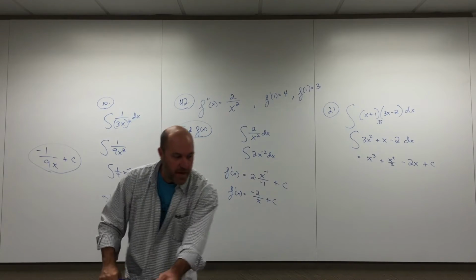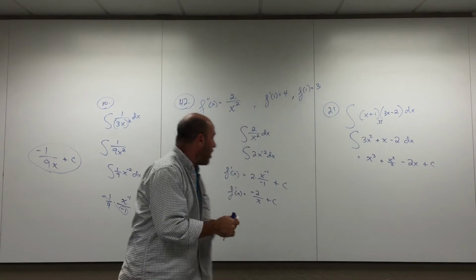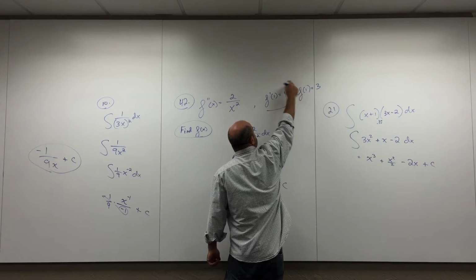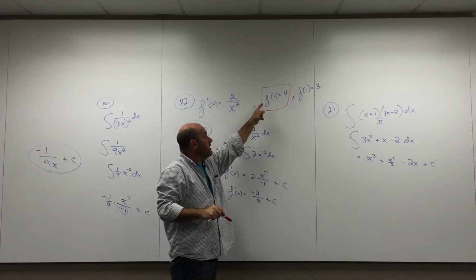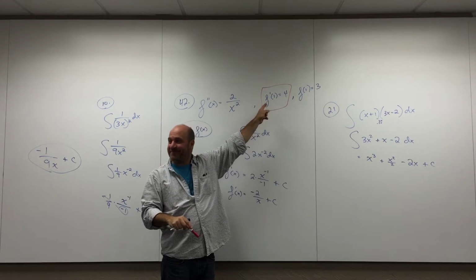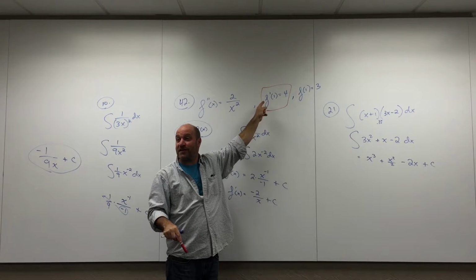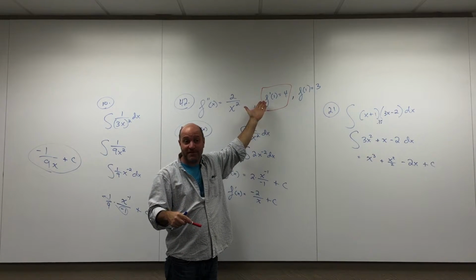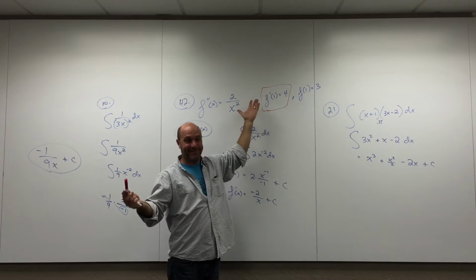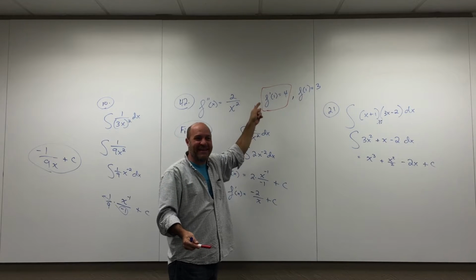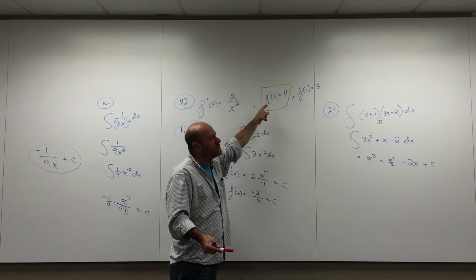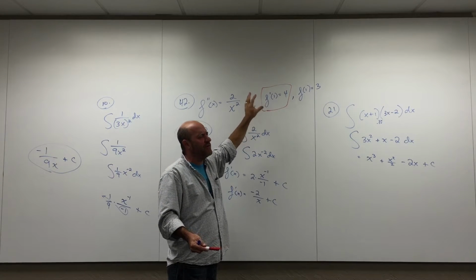And this piece of information that's up here will help me find c. Look what it says. What does that say? That says in the derivative, f prime, if you plug in a 1 for x, the value of the derivative is 4. Says a lot, doesn't it, in one little line.